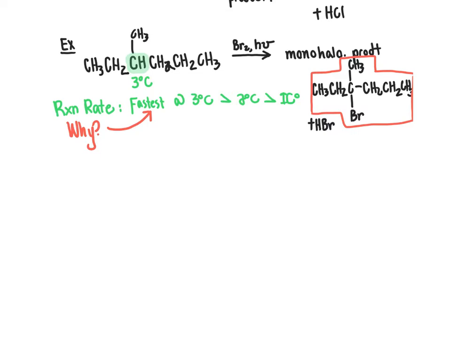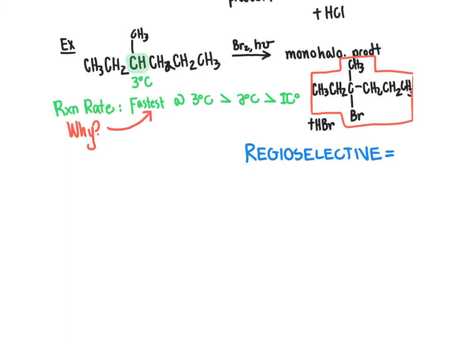And by the way, a term that we should throw out here, when we're referring to the fact that we have a preference for one constitutional isomer over other possibilities, is the term regioselective. We would describe this reaction as being regioselective. Selective means that the reaction is choosing a particular outcome over others, and regio is referring to the possibility of making different constitutional isomers by putting the bromine in different spots or the chlorine in different spots.